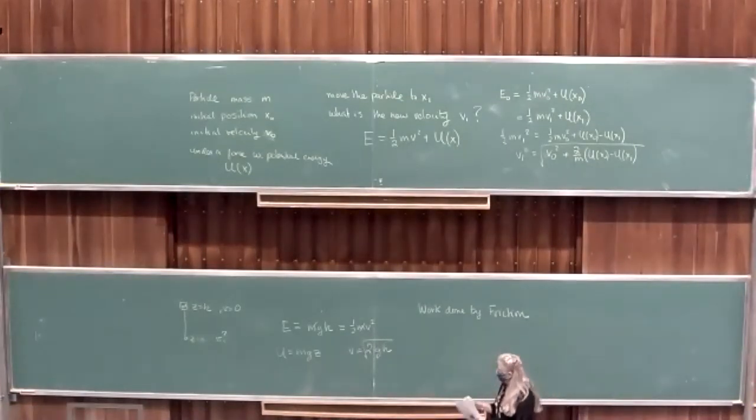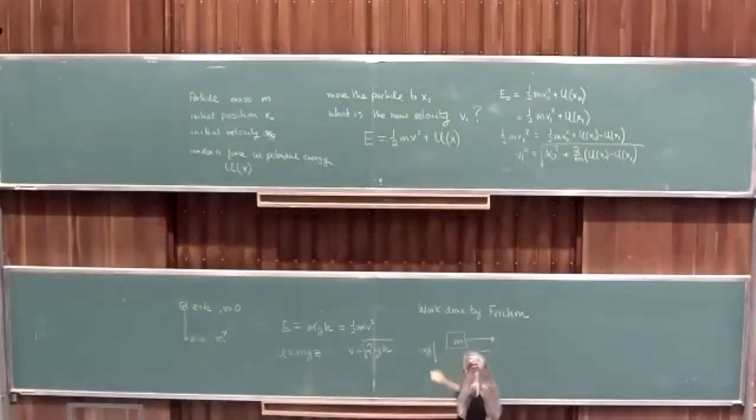Supposing we have a mass M on a horizontal surface, and we're going to push it horizontally some distance d, under the force of mg, and the kinetic coefficient of friction is that.